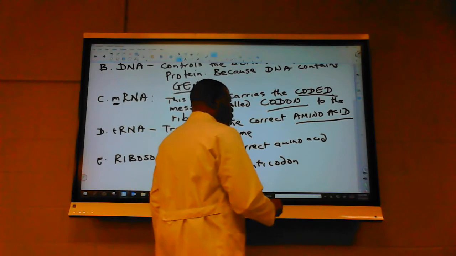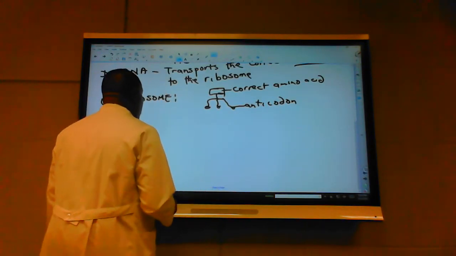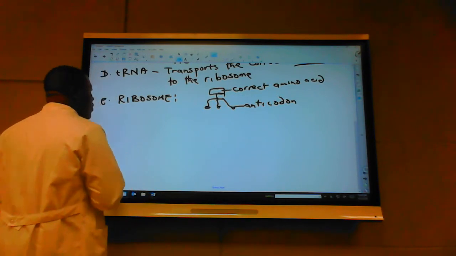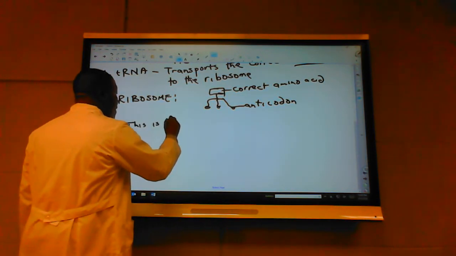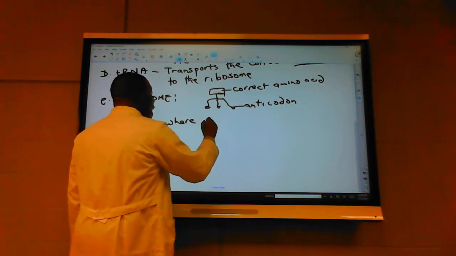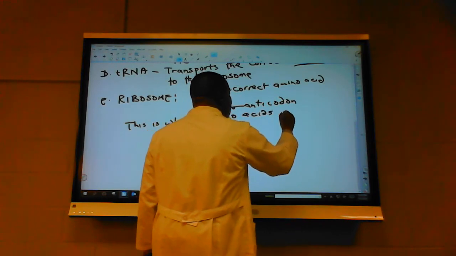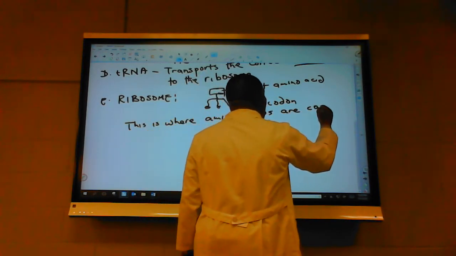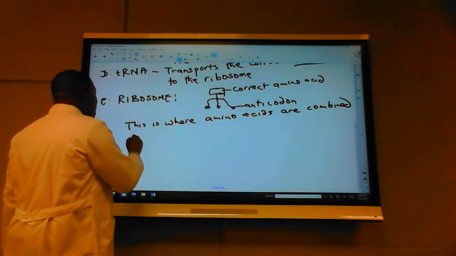So most of you should know by now what the job of the ribosome is. Okay? What is the job of the ribosome? This is where amino acids are combined. Why are they combined?